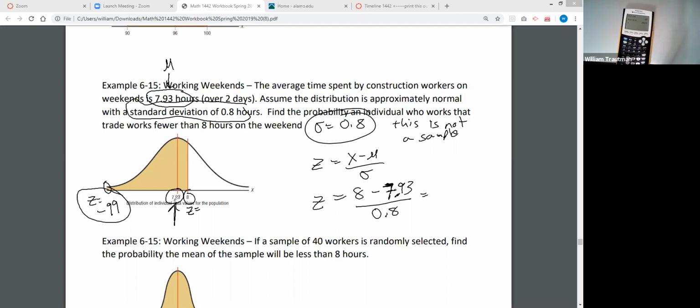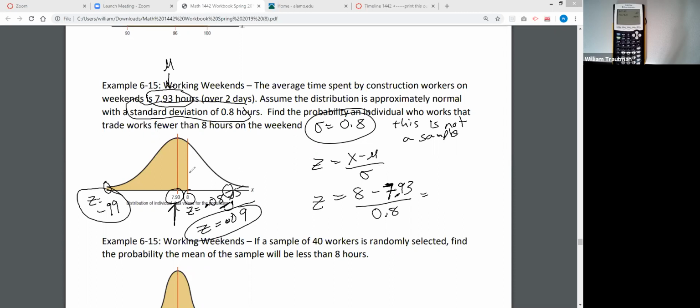And I get a very small z value of 0.0875. Z values always go to 2 decimal places, so this rounds to 0.09 because the third decimal is 5 or more. So the second decimal goes up to 9.